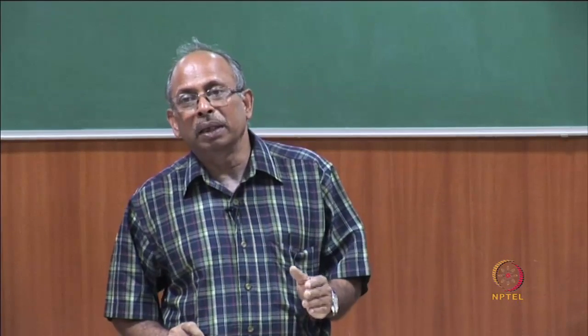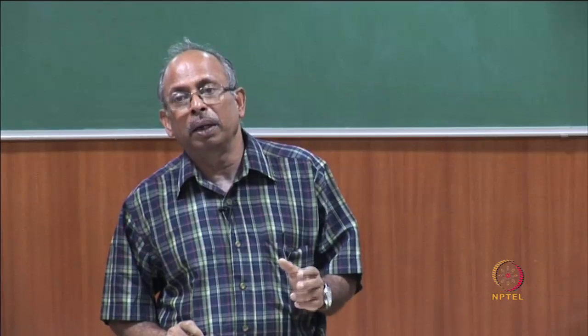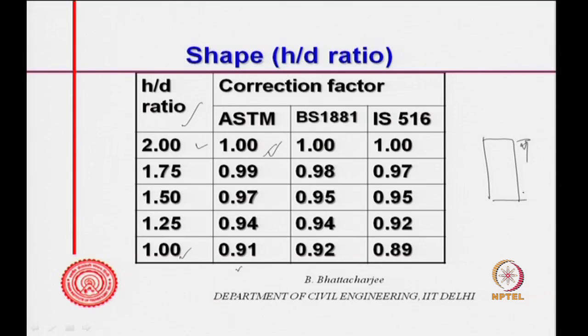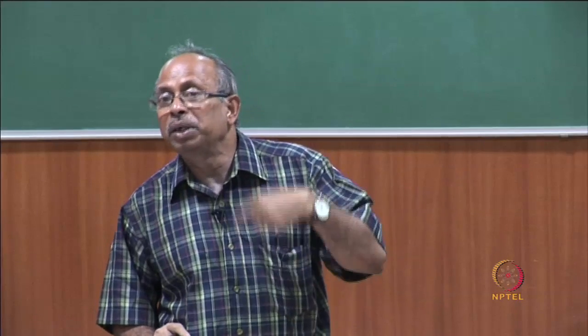So, to convert the strength obtained for an L by D ratio 1 cylinder, where L is the length and D is the diameter, to an L by D ratio 2 cylinder, what do you do? You multiply this by 0.91.